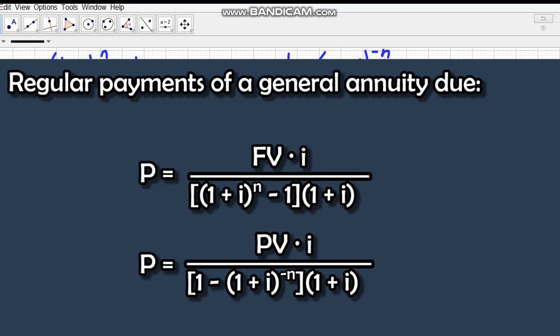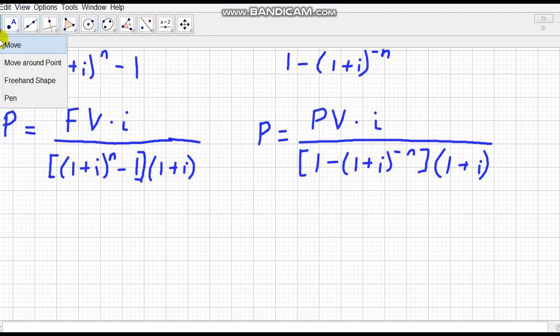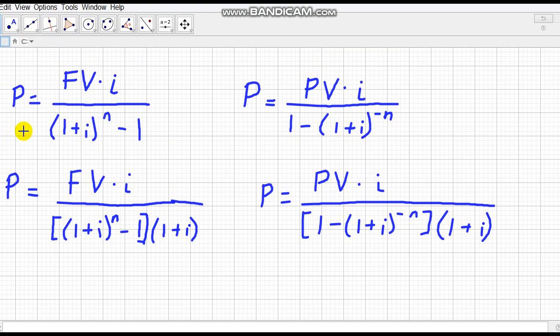If the present value, however, is given, it will be P is equal to present value times the interest rate per period all over 1 minus 1 plus i raised to negative n, times 1 plus i. So this is the formula for the regular payments of general annuity.